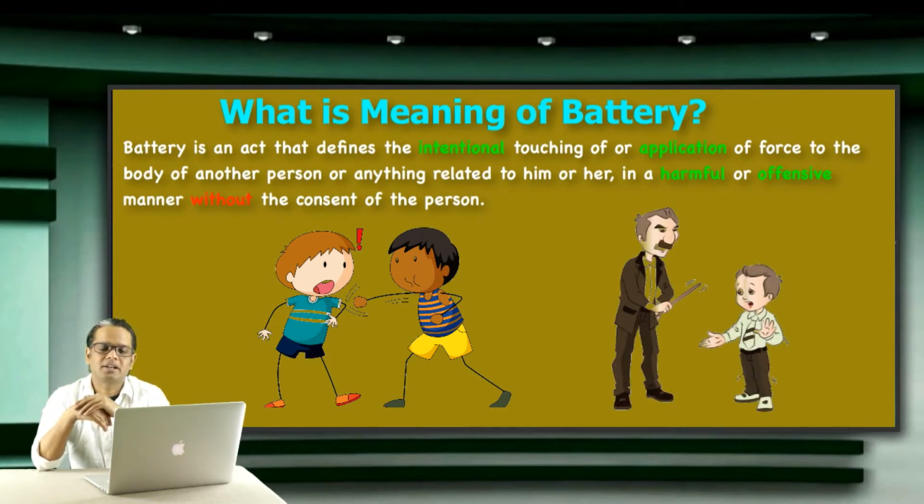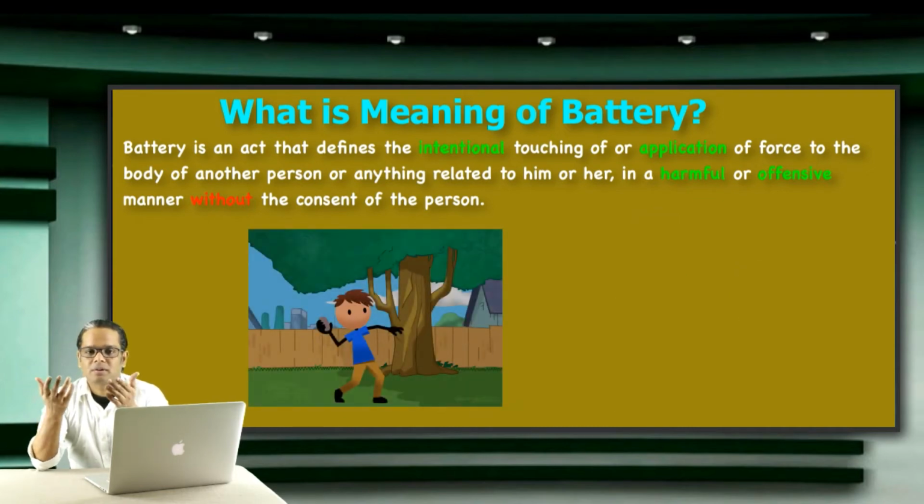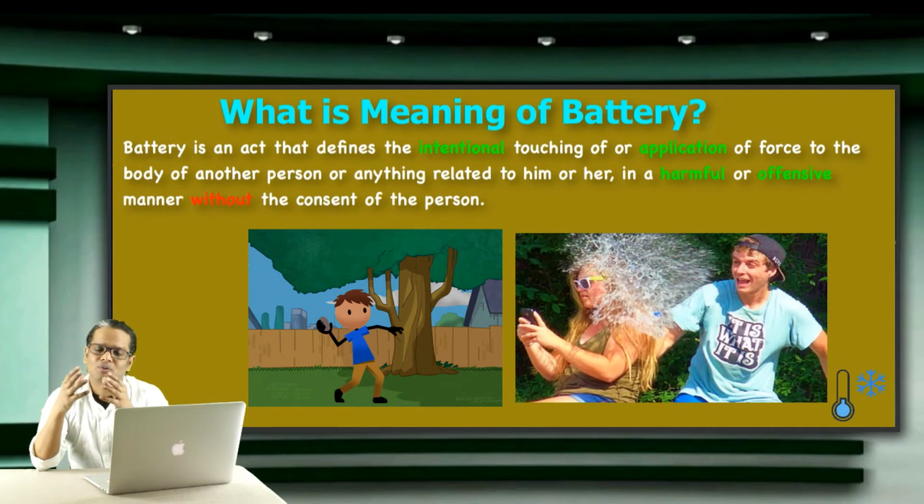So, it is direct touching. But if you hit someone by throwing a stone, by throwing cold water or warm water that harmed the other person, that is also battery. Though you are not touching, you are indirectly inflicting injury on the body of the other person.